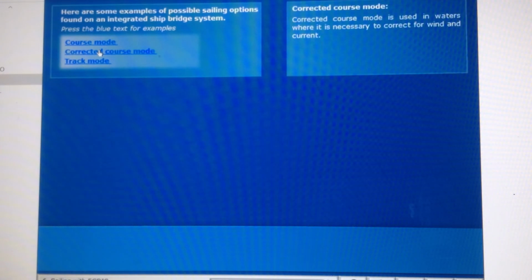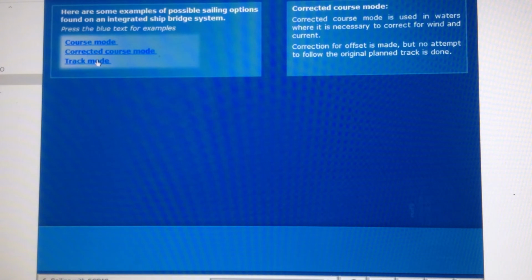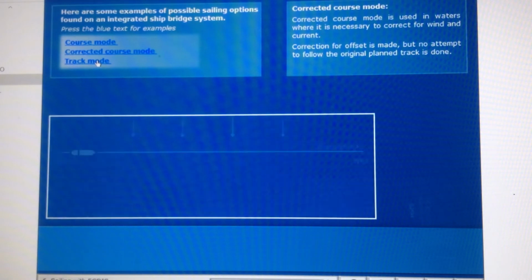Corrected course mode. Corrected course mode is used in waters where it is necessary to correct for wind and current. Correction for offset is made, but no attempt to follow the original planned track is done.